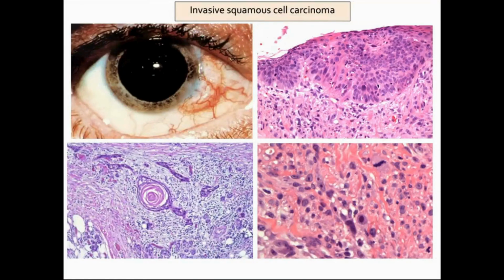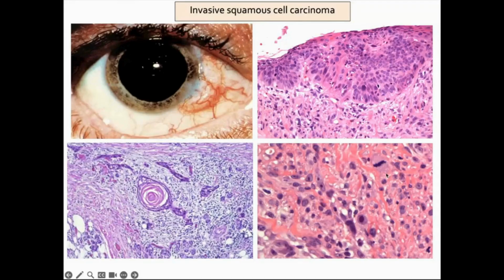Here is a case of an invasive squamous cell carcinoma, and you can see these very prominent blood vessels, or feeder vessels as they're termed, supplying this lesion. More often than not, the ophthalmologists then have to go in and try to excise this completely, and then bring the edges of the conjunctiva back together, and once they've healed, apply either a plaque or cryotherapy to ensure that the tumor has been removed completely.